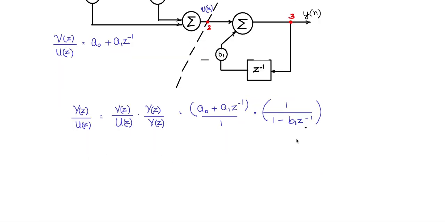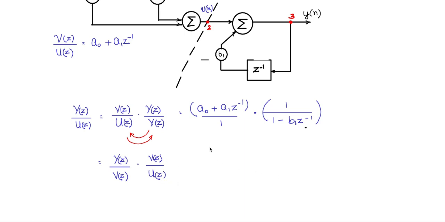Now you see that I can interchange these two without loss of generality. There will be no change. Right? I can place it at this point, and this I can place it first like this, Yz by Vz into Vz by Uz.